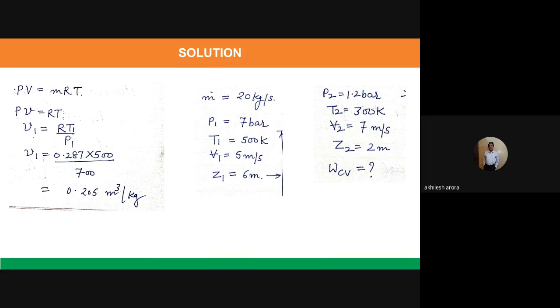Now the equation is Q_CV minus W_CV is equal to m dot into (h2 minus h1), because I am writing inlet with subscript 1 and exit with subscript 2, plus m dot into (V2 square minus V1 square) divided by 2, plus m dot g into (z2 minus z1). So this is the equation.